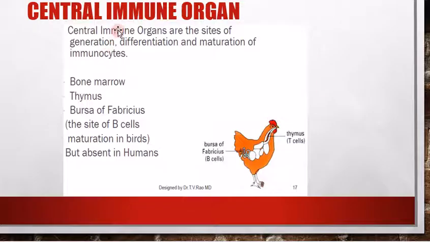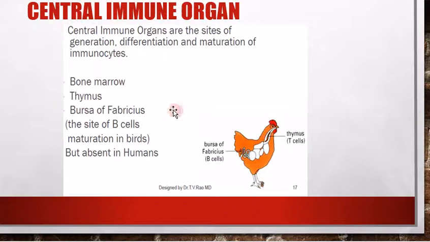Now let's go to the central immune organs. What are some of the organs that produce defensive cells? The central immune organs are the bone marrow and the thymus.